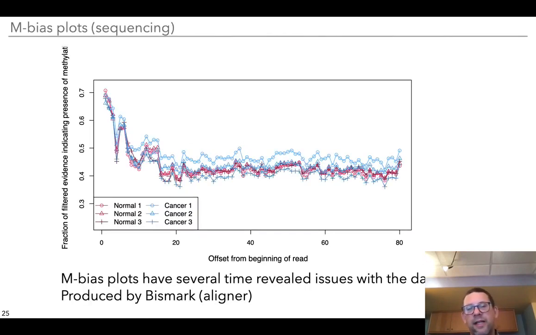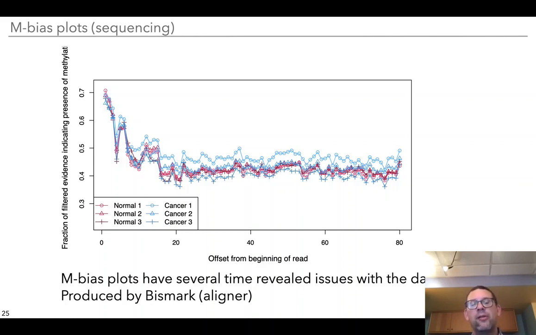First, for sequencing, I found these M-bias plots, which basically show the fraction of methylation evidence along the read, as being particularly revealing. They are produced by the Bismark aligner, which is a popular aligner for bisulfite data, and I have several times found unexpected issues with data that were revealed with these plots.